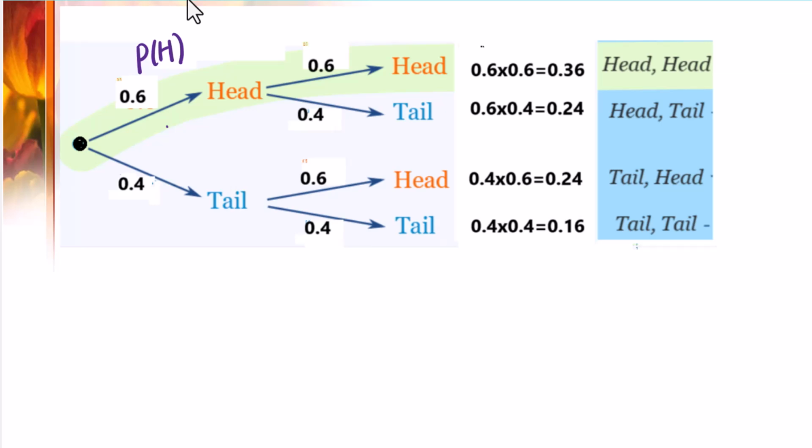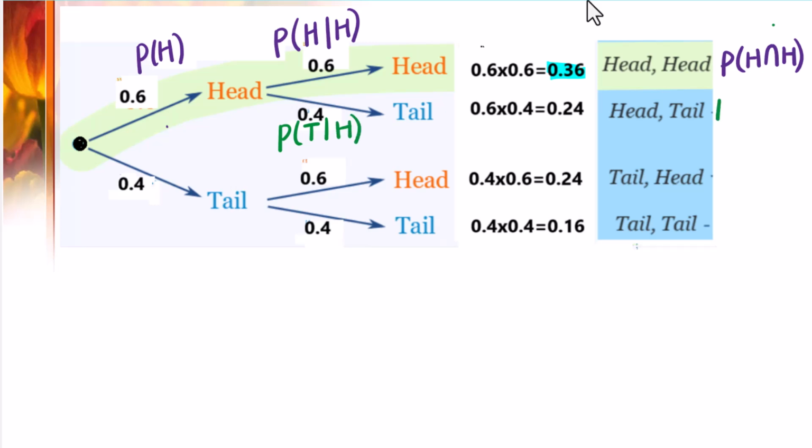This 0.6 means the probability of head given head. 0.36 means the probability of head intersection head, meaning getting two heads. 0.4 means the probability of tail given the first toss is head. 0.24 means the probability of head intersection tail. 0.4 is the probability of tail.